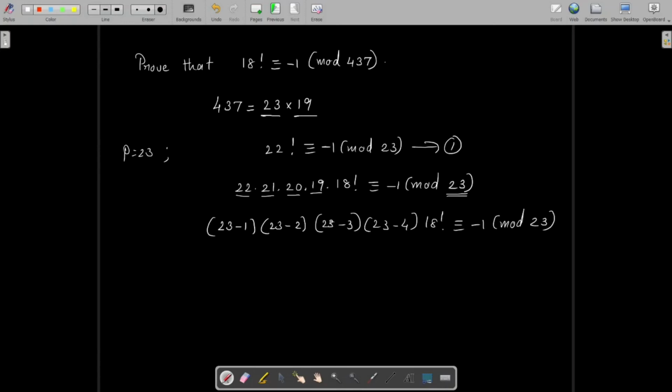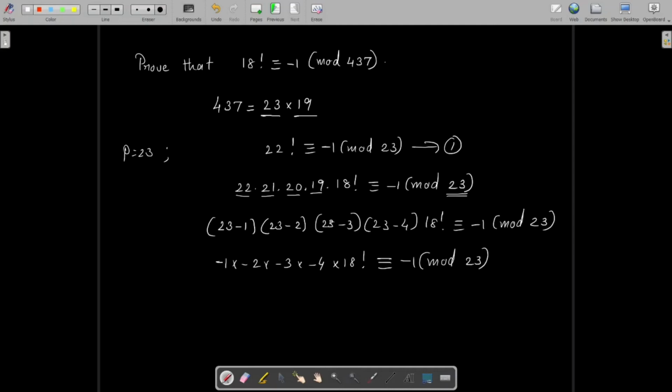When we remove all these brackets, we may note that all the terms contain 23 as a factor except the last term, which is minus 1 into minus 2 into minus 3 into minus 4 into 18 factorial. So you may write this term is congruent to minus 1 mod 23 because in the product all other terms contain a factor of 23.